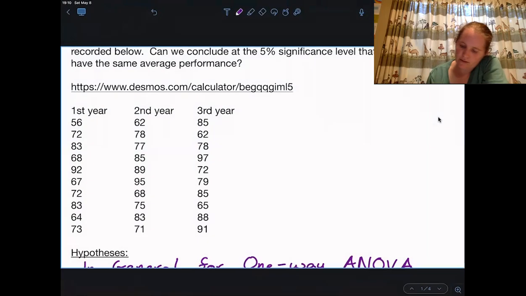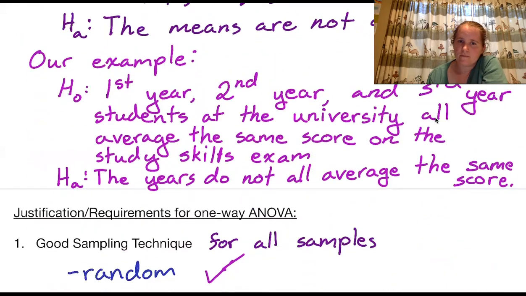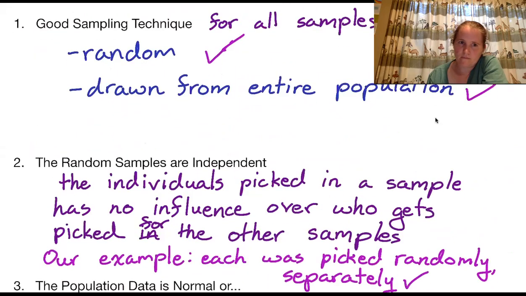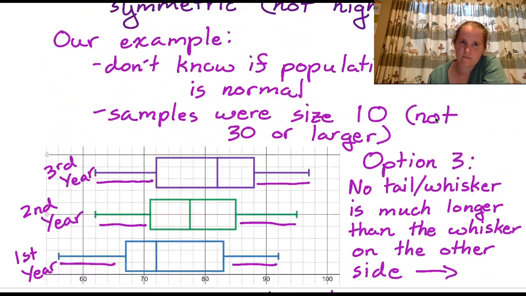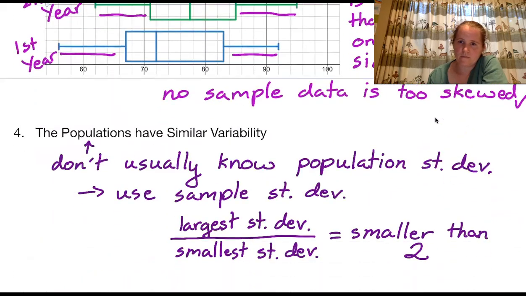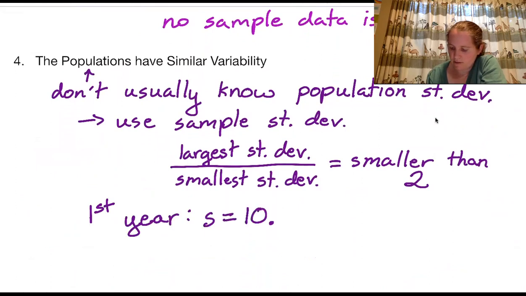So going back to our notes, for first year, we have S is about 10.5. For second year, S is about 10.0.